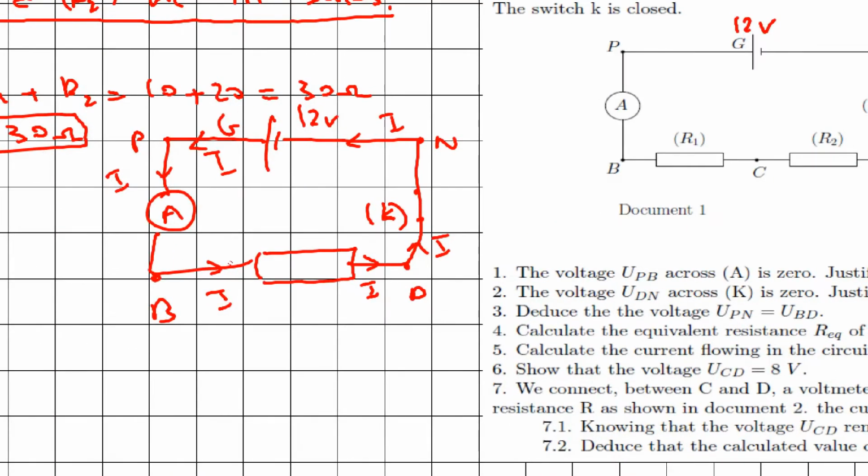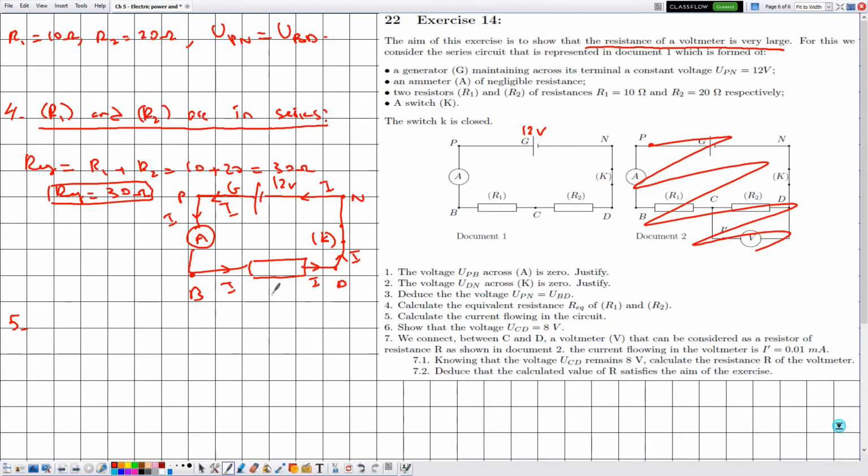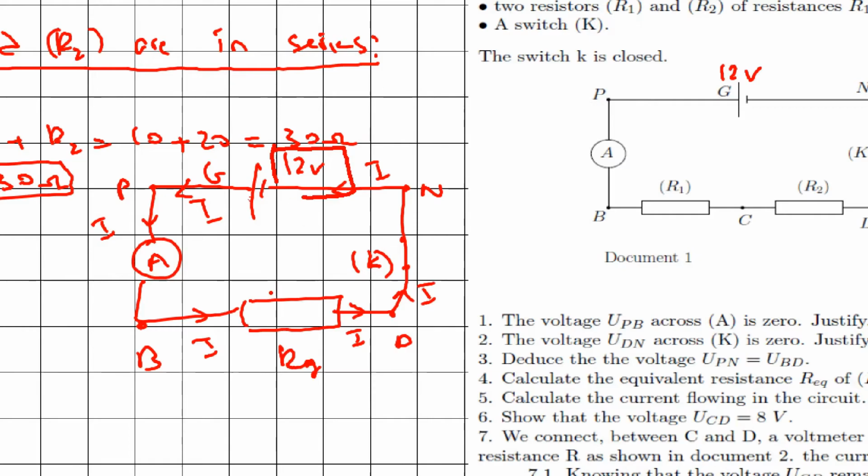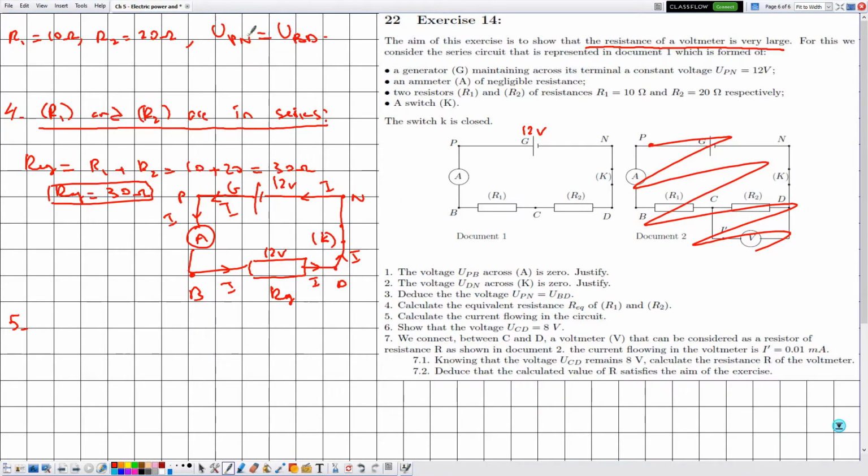Now, here we have a resistance R equivalent, and its resistance is given by 30 ohms, and because UPN is equal to UBD, if this is 12 volts, this is 12 volts also, as proved in part 3. Then applying Ohm's law to R equivalent, we can determine the value of I.